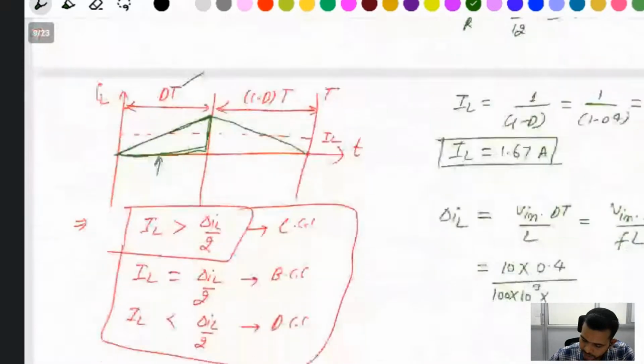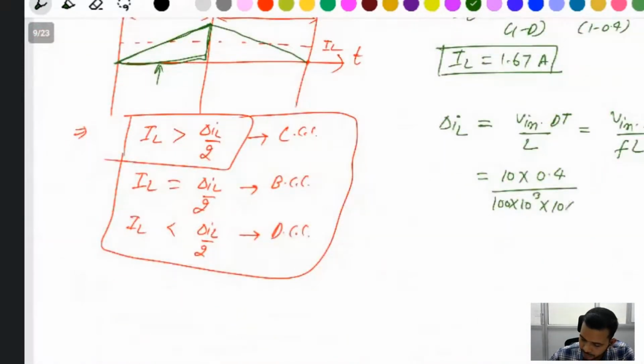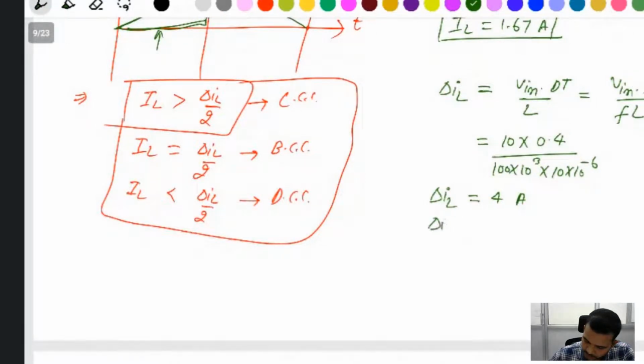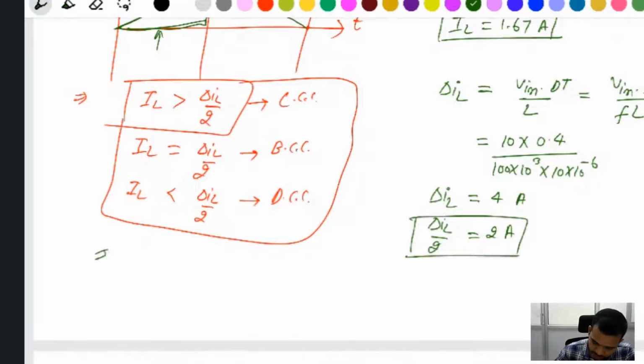The inductor is given like 10 microhenry, 10 to the power minus 6. This one is 4 ampere, and delta IL divided by 2 is 2 ampere.